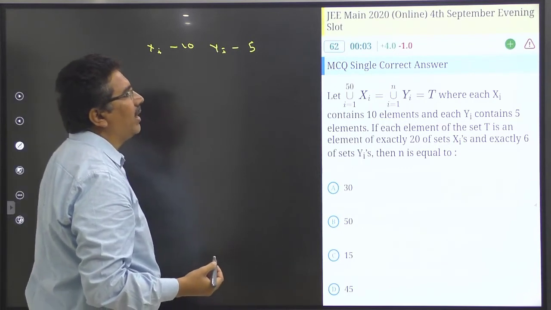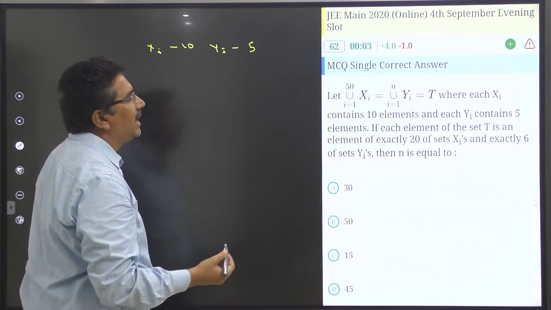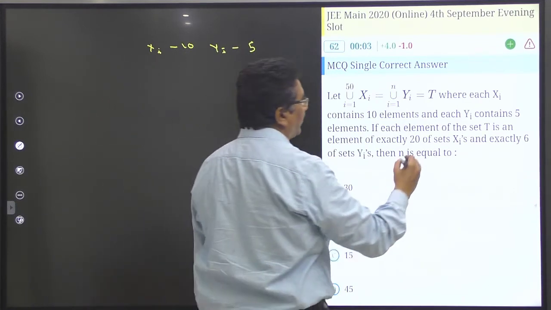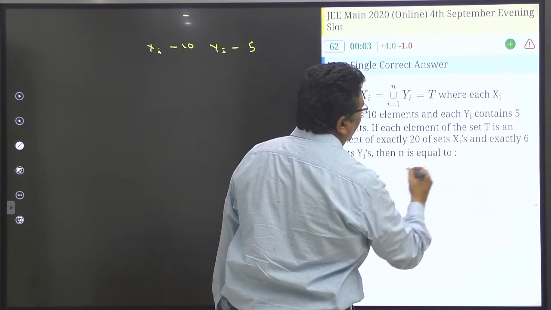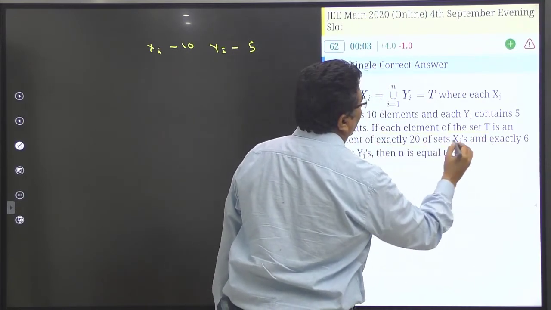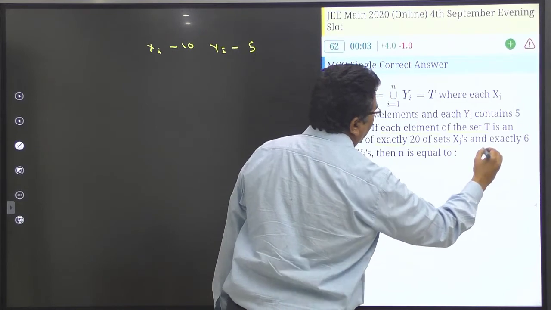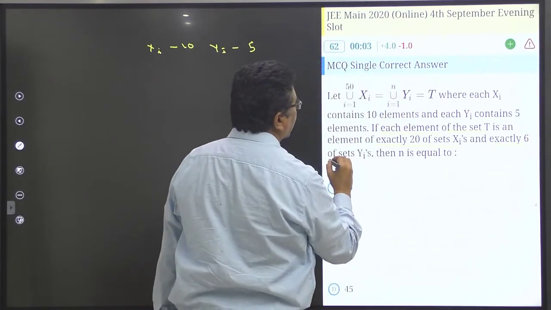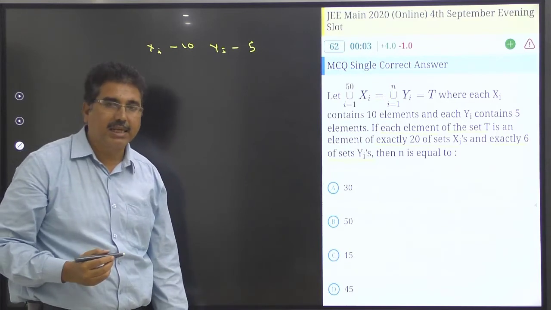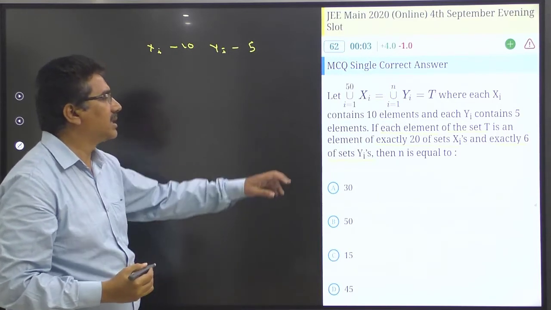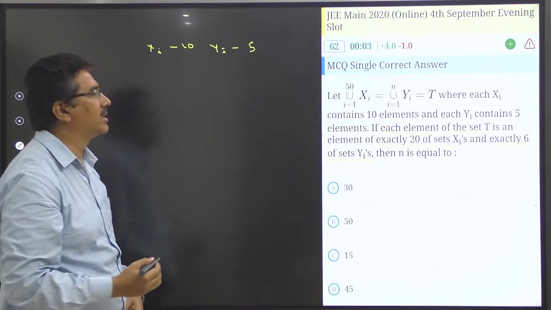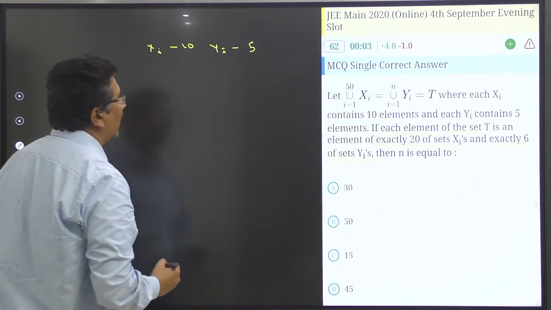If each element of the set T is an element of exactly 20 of the sets Xi and exactly 6 of the sets Yi, then n is equal to... See how to use the given data.